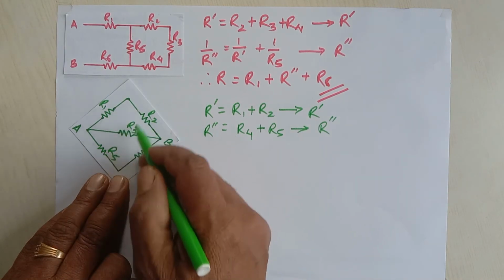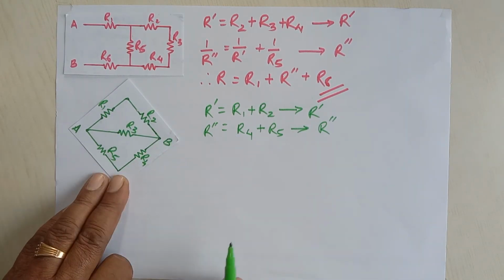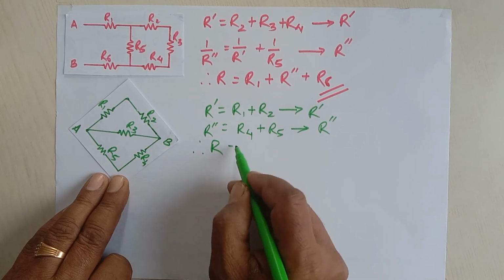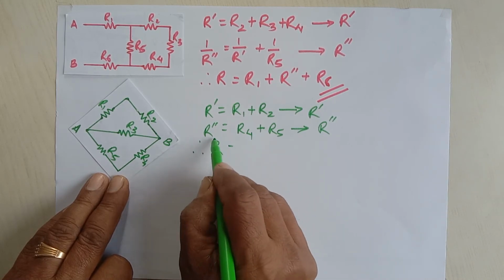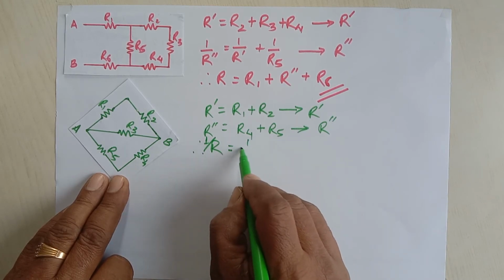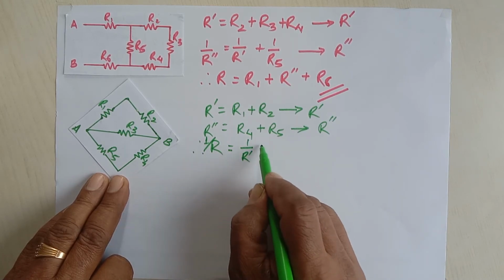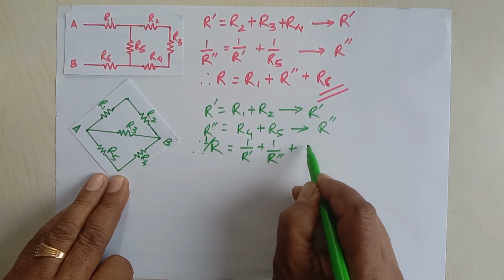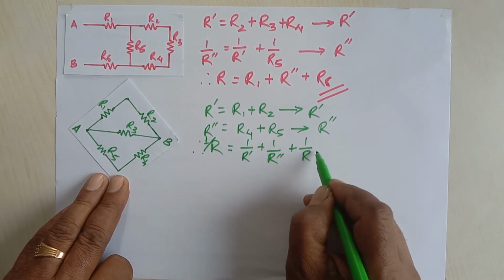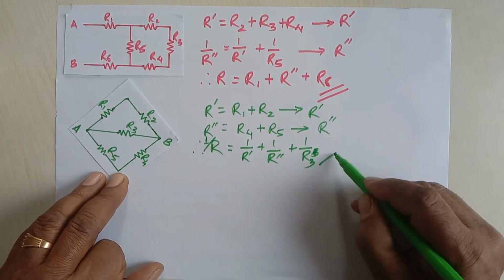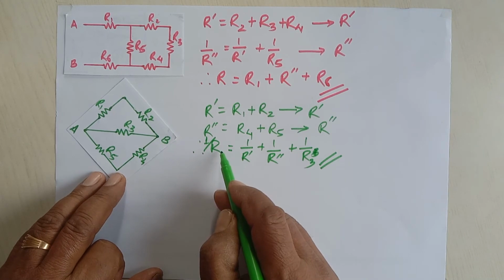Now these two are in parallel with R3. That's why we can calculate using this equation: 1 by R is equal to 1 by R dash plus 1 by R double dash plus 1 by R3. This way we can find the total resistance.